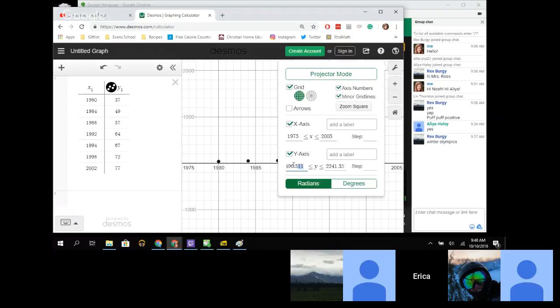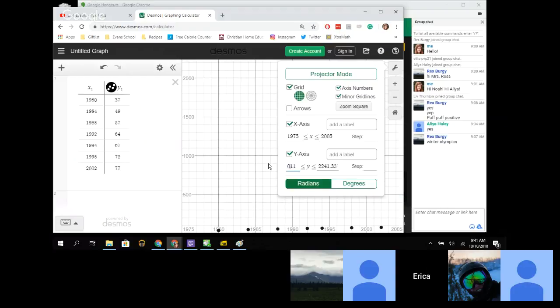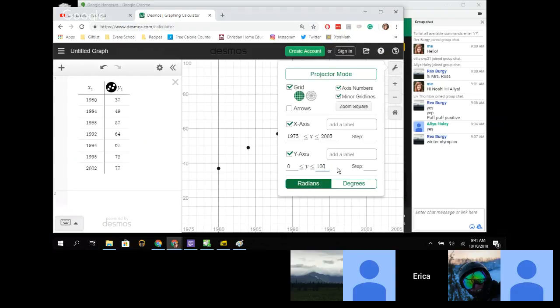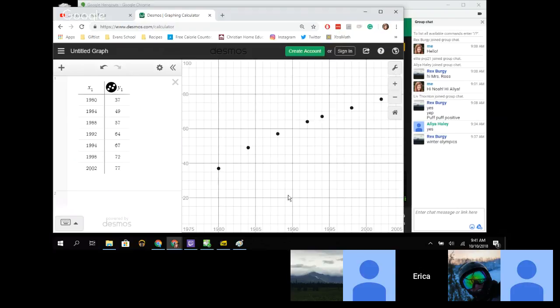So I'm going to go ahead and just start my graph at 0, and I'm going to go up to about 100. Okay, so now you can see by putting in a better domain and range, a better view of your X and your Y, then voila, we have a nice graph of our data.